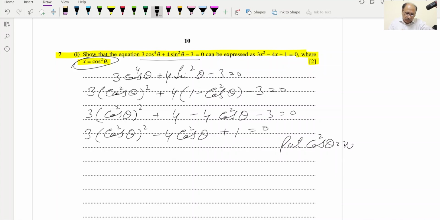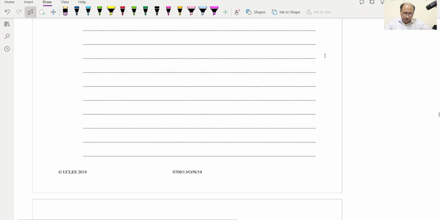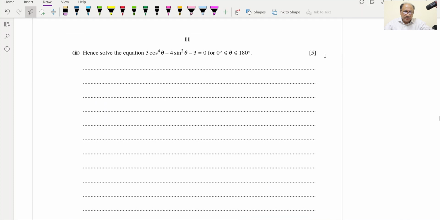So it will be 3x squared minus 4x plus 1 is equal to 0. This is the final equation for 2 marks. We are done. Now we can go through the second part, hence solve this equation.